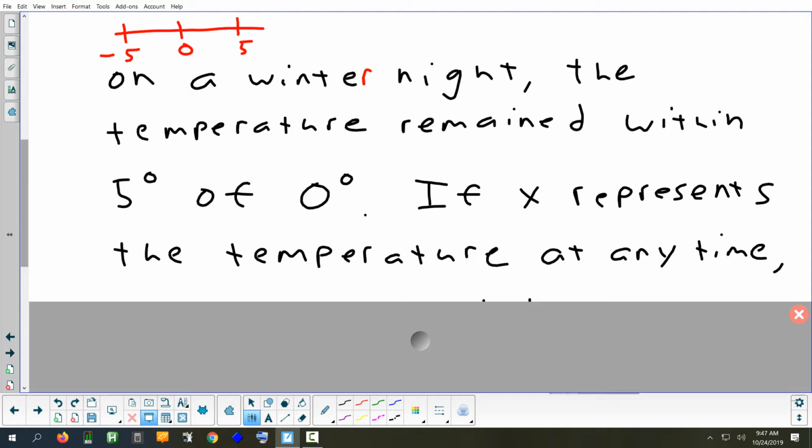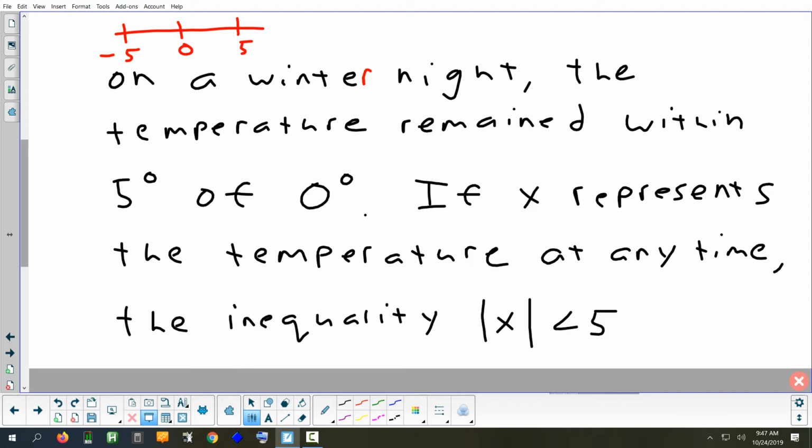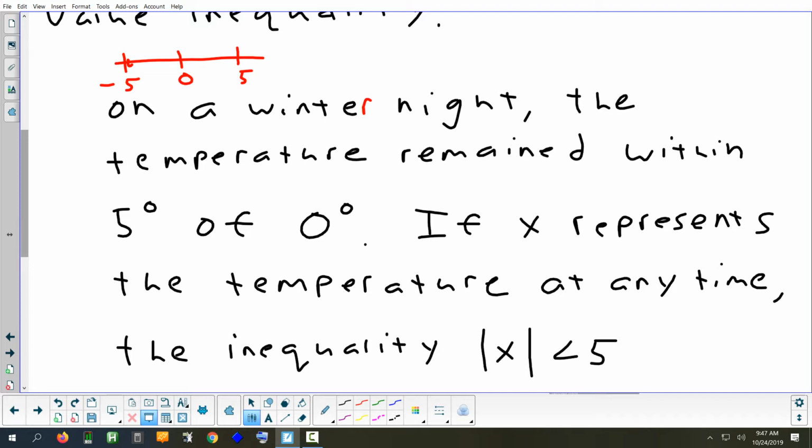This kind of situation could be represented just like this. Any number that you can think of in this area definitely has an absolute value of less than 5. Because remember, absolute value really means the distance from 0. If you measure the distance from 0 to 5, the farthest you'll ever be away is 5.